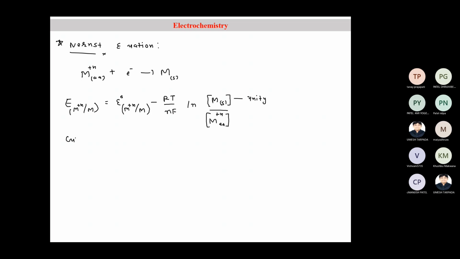Suppose copper plus 2 is reduced to copper, then how to write down this equation?